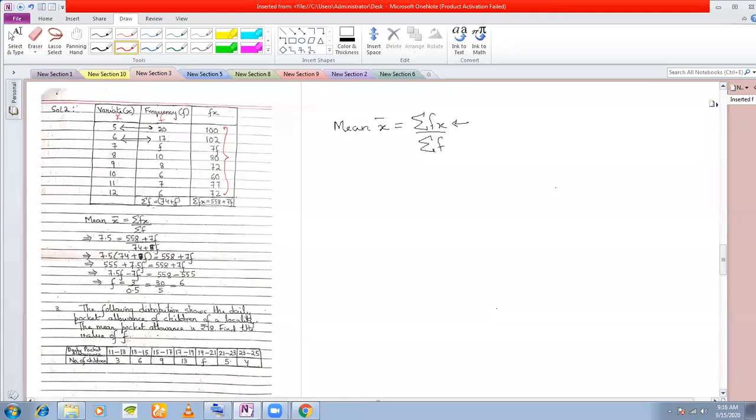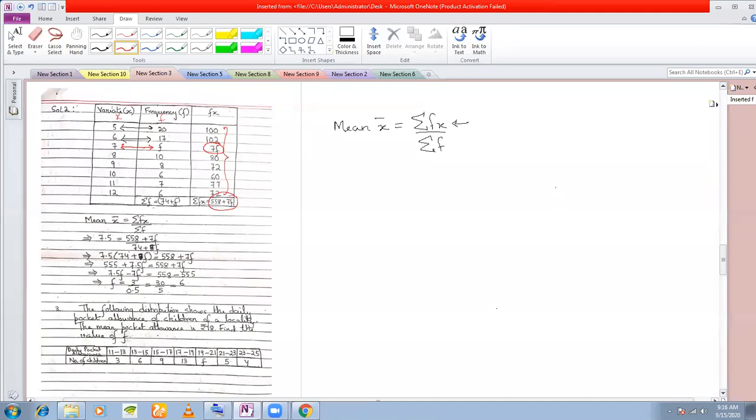So you total this column. Here, the product of 7 into f is 7f, so we take that 7f into the sum also. If you add up everything, 100 plus 102 plus 8 plus 7f plus 80 plus 72 plus 60 plus 77 plus 72, you will get 558 plus 7f.